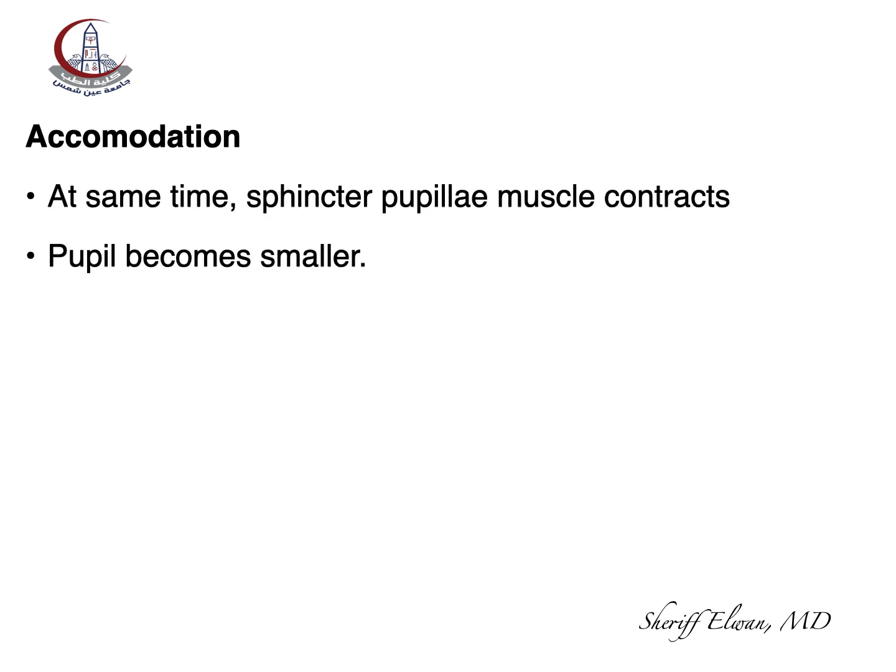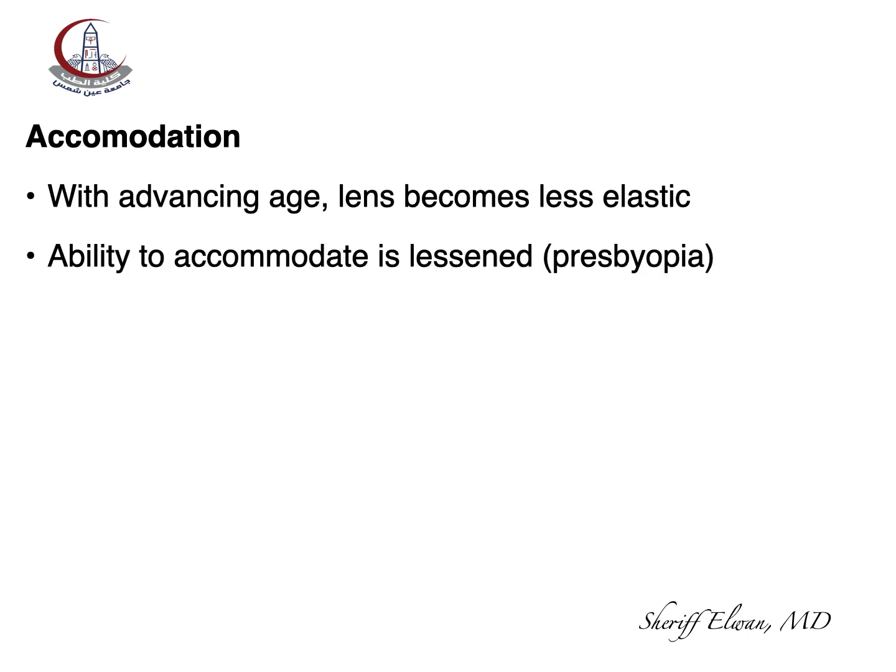At the same time, the sphincter pupillae muscle contracts and the pupil becomes smaller. With advancing age, the lens becomes less elastic, with the ability to accommodate being lessened, and this is the known optic condition of presbyopia.